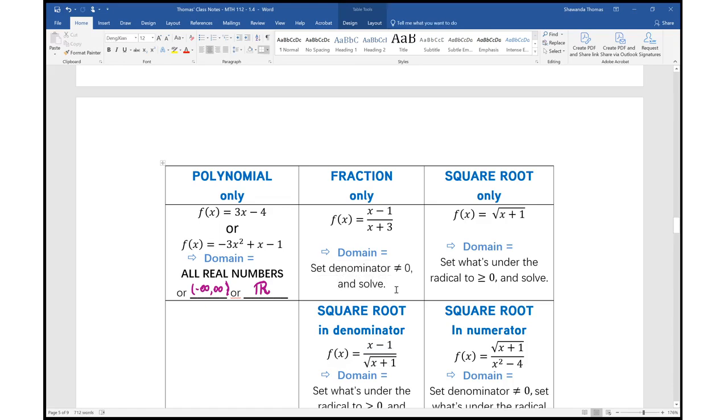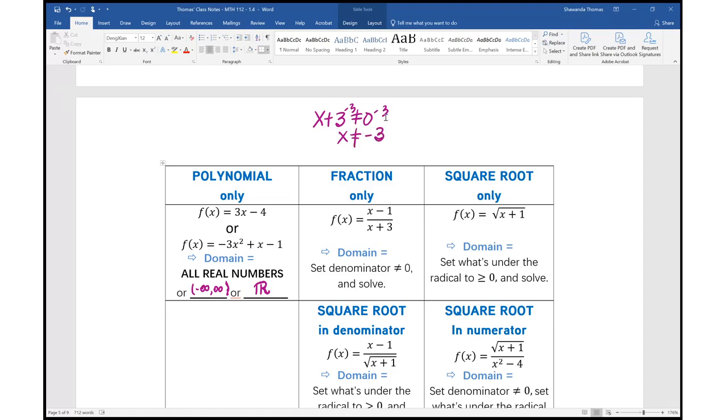So here we go. The denominator is x plus 3 here. Set it to not equal 0 and solve. So we're going to subtract 3. x cannot equal negative 3 as we said before.